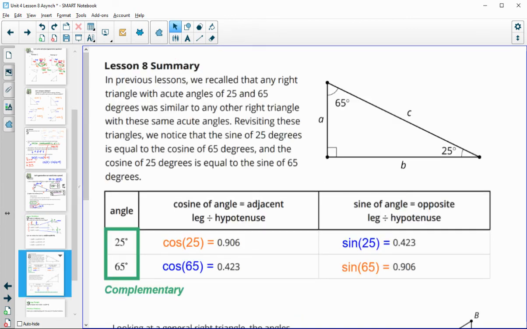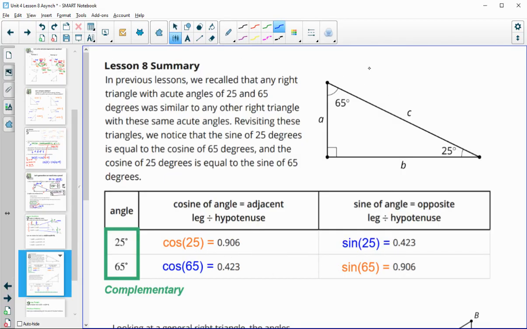So here's your lesson summary. What we're talking about is within the same right triangle. If you do the cosine and sine of complements, remember it's going to be equal. So the cosine of 25 is going to equal the sine of 65 because they're complementary. And vice versa, the cosine of 65 is the same as the sine of 25.